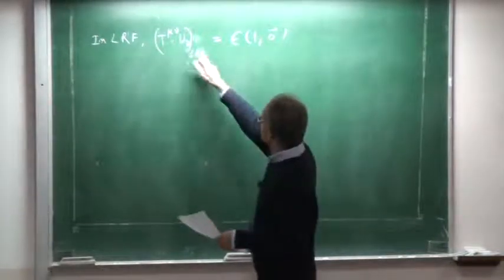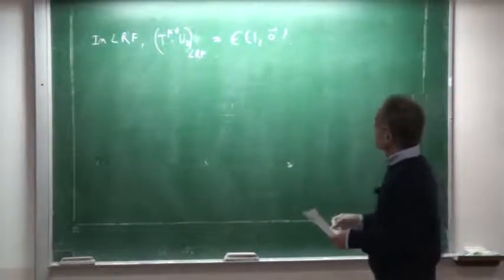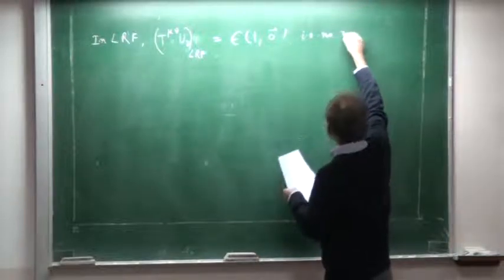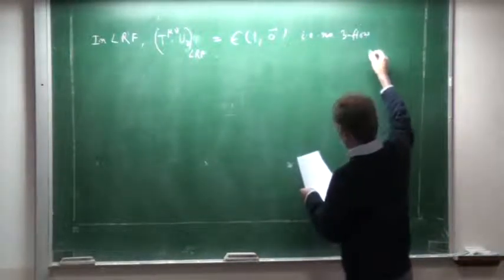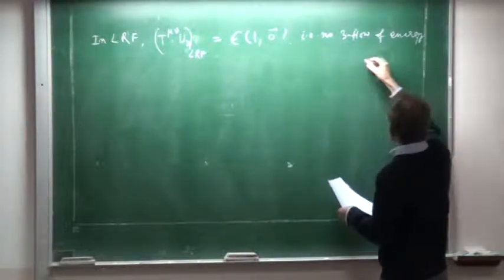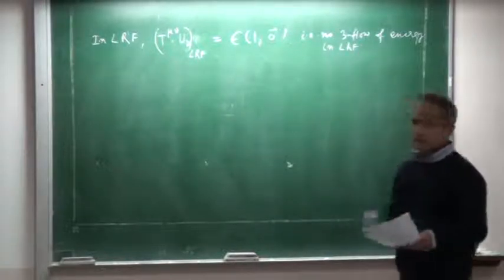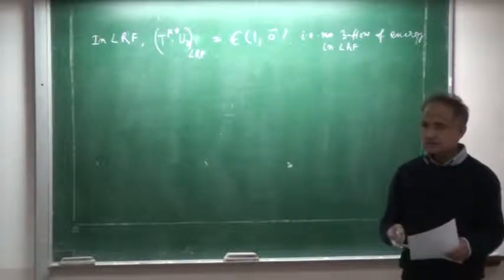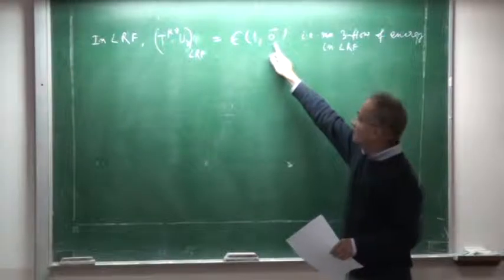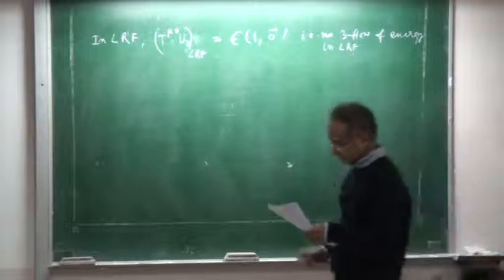Because in the local rest frame it is 1 0 0 0, so epsilon 1 0. Which means that is zero. Because epsilon times u mu is the flow of energy, and in the local rest frame there is no space part of it. No net flow of energy in the local rest frame.